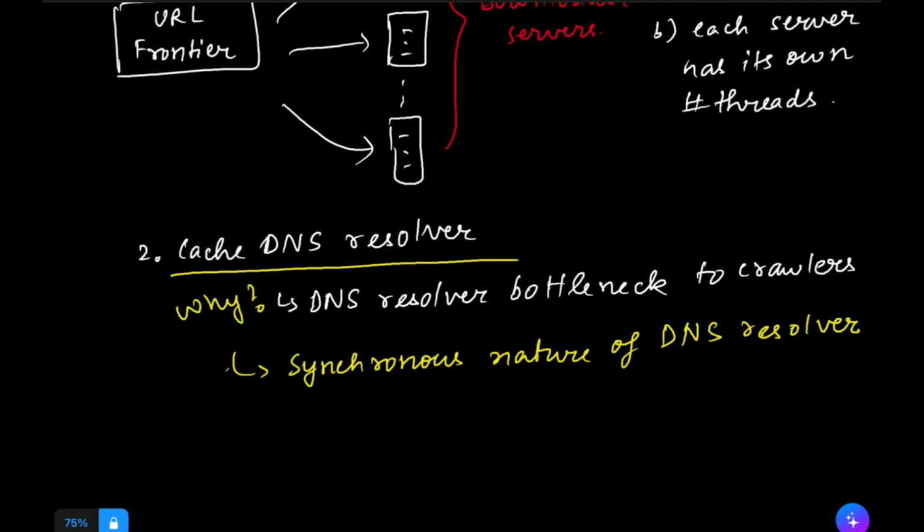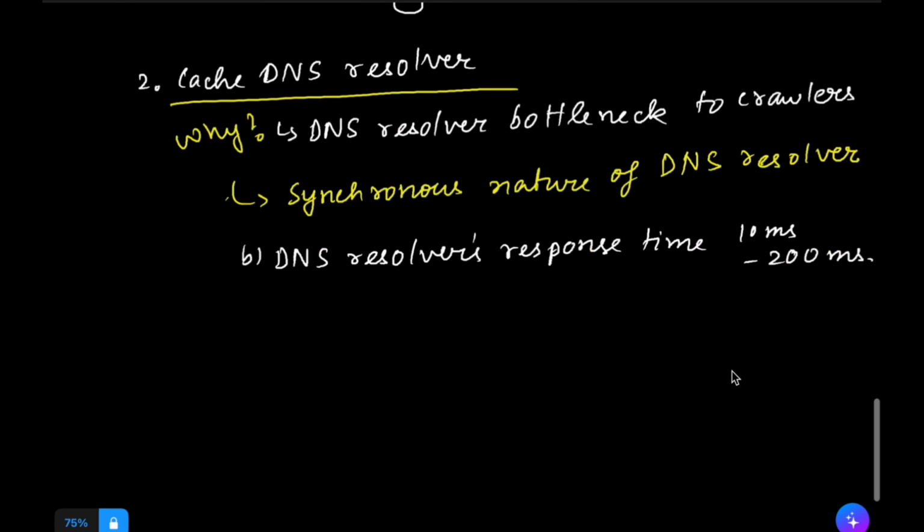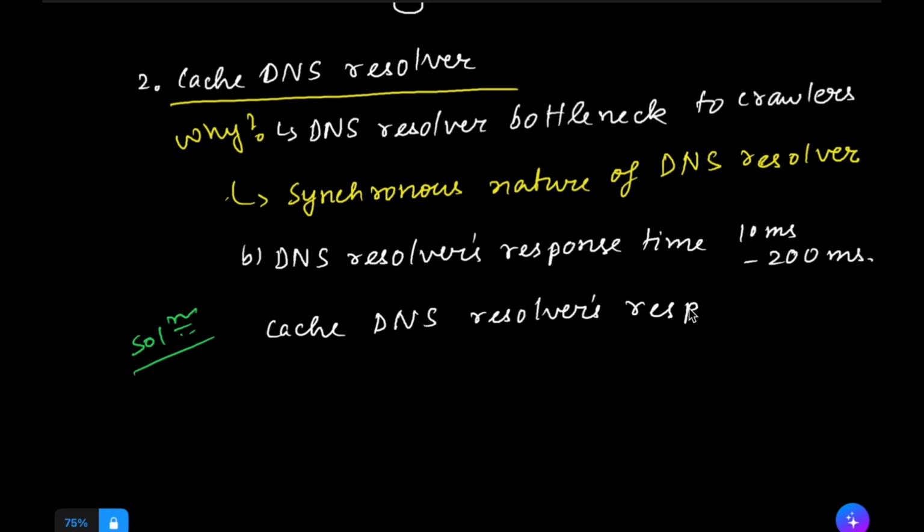This is one of the bottlenecks, and it has also been seen that the DNS resolver's response time varies from 10 milliseconds to 200 milliseconds. So one solution for this is to cache the DNS resolver's response.